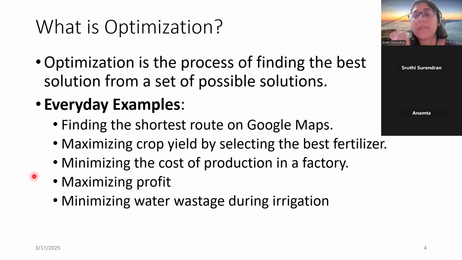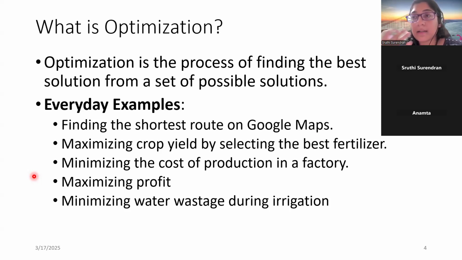Similarly, when we model crops, we need to maximize the yield of a crop by using a minimum amount of fertilizers. How do we maximize the crop yield? What is the best fertilizer that we can select, or what amount of fertilizer can we apply to get the maximum yield? We can apply maybe 10 grams or 20 grams or 30 grams.